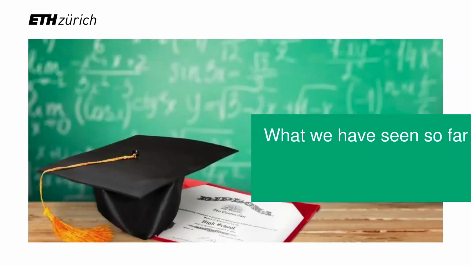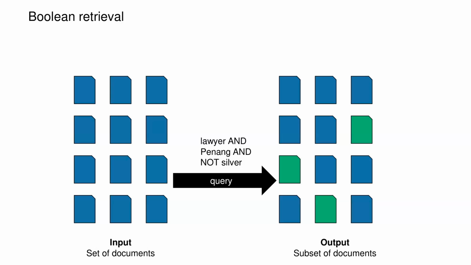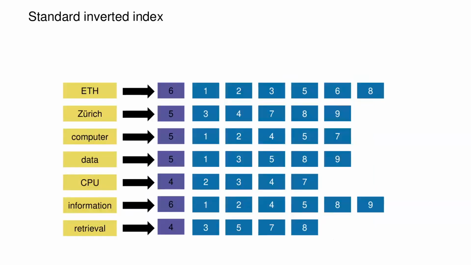First, a quick recap of what we have seen so far. We covered Boolean retrieval. If the collection is a set of documents, we have a query language that allows us to retrieve a subset of these documents based on AND, OR, and NOT. To implement that efficiently, we can use a structure known as the standard inverted index, with the dictionary on the left and the posting list on the right.